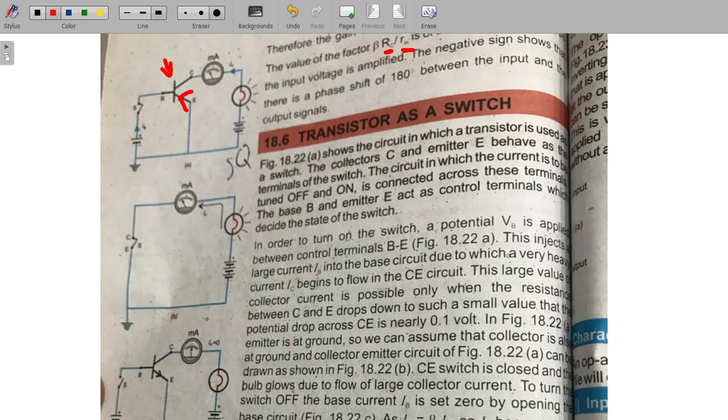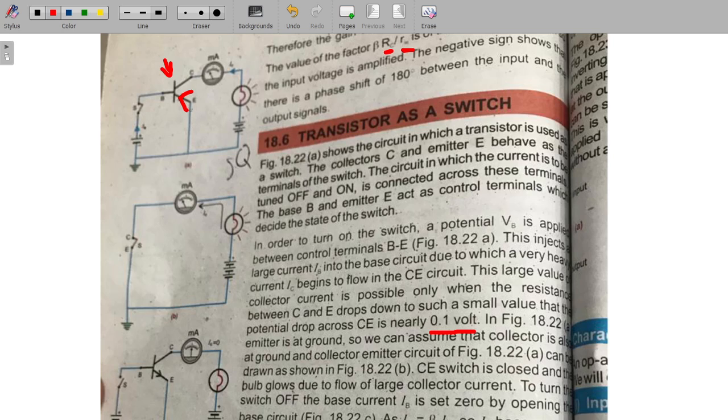So that's all they're trying to tell you here, is that by putting the emitter collector whole circuit, this whole path, to ground. See, it's in the ground, G. So when it's grounded, it decreases the potential drop by substantial amounts, up to 0.1 volts, and the resistance between C and E drops a lot.